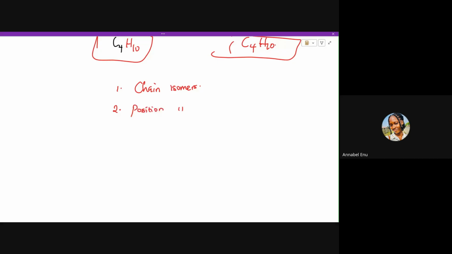Now, how do you differentiate this? Let's just go on. Then functional group isomers, and another one is geometric isomerism.